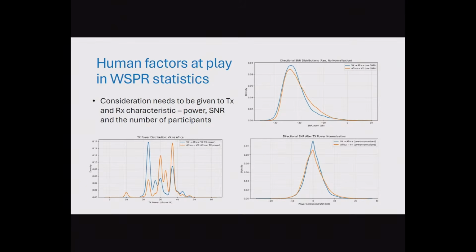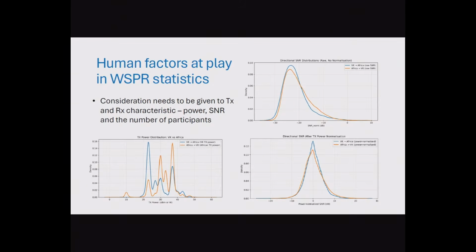Yes. This plot here is when you look at the signal to noise. So this is, the blue is VK to Africa. So generally, when it's coming back the other way, because they have a bit higher power, we tend to see perhaps better signal to noise on the upper end there. So there's a bit of an asymmetry there.